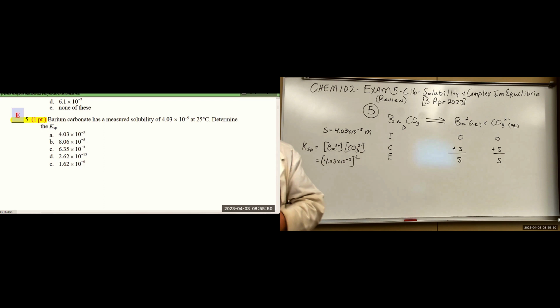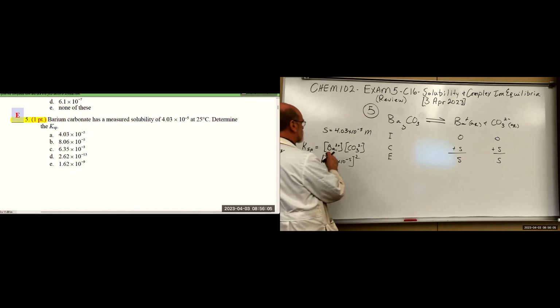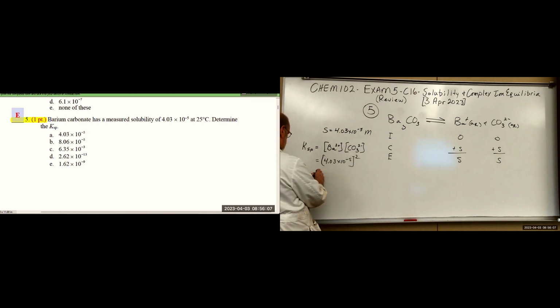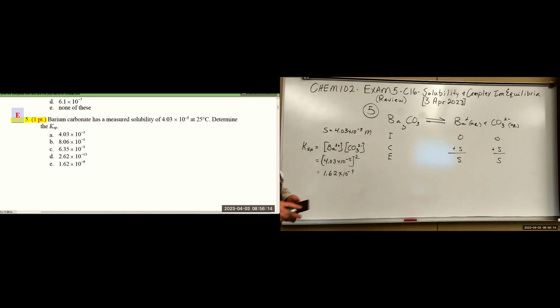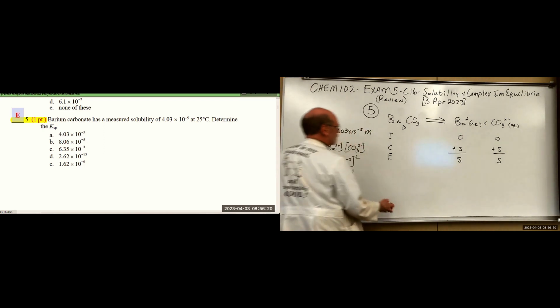So you just have to square that value, and that will give you the KSP for this compound. Now I get 3 significant figures. So the KSP is going to be 1.62 times 10 to the minus 9. That's E. Okay. We're starting off simple.